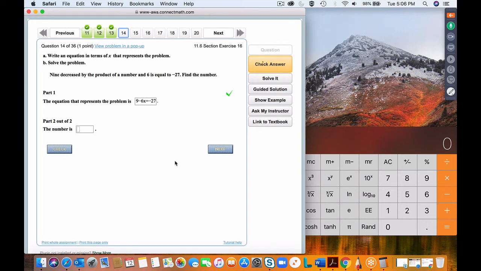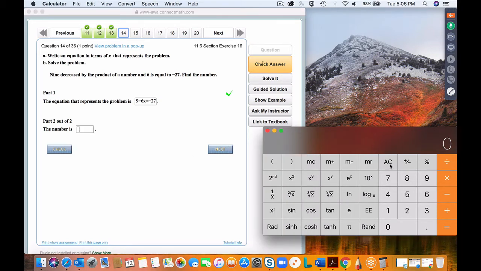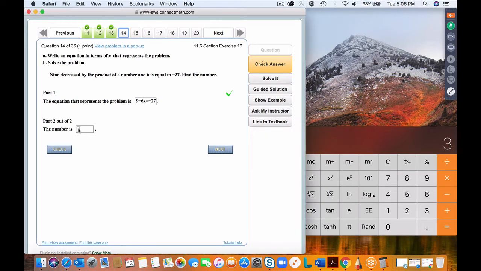So what is the number? For this case, the difference between 9 and 27, if I do 27 minus 9, I have 18 divided by 6. So I know the number is 3.